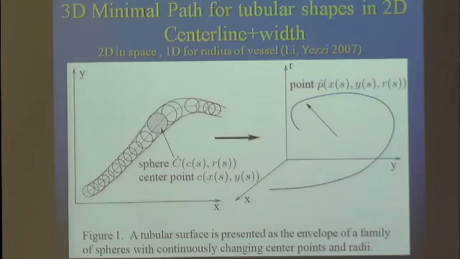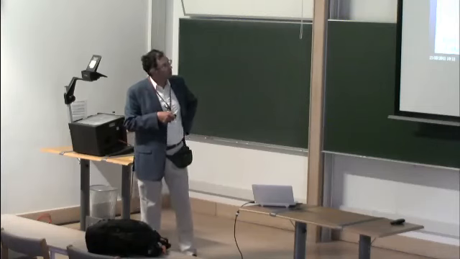So this is why the nice way to define this tubular structure is as a path in a 3D domain, in which the two dimensions x and y are the image domain, and you add a third dimension r corresponding to the local width of the vessel.